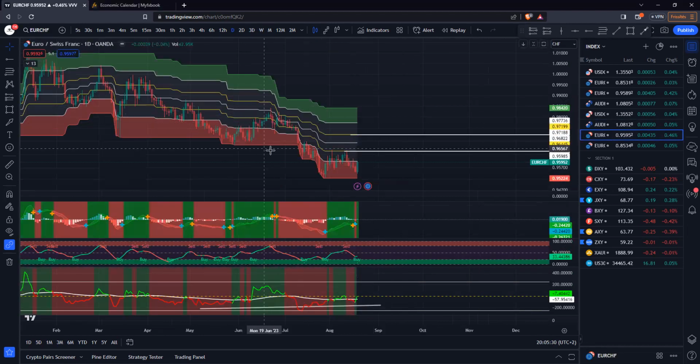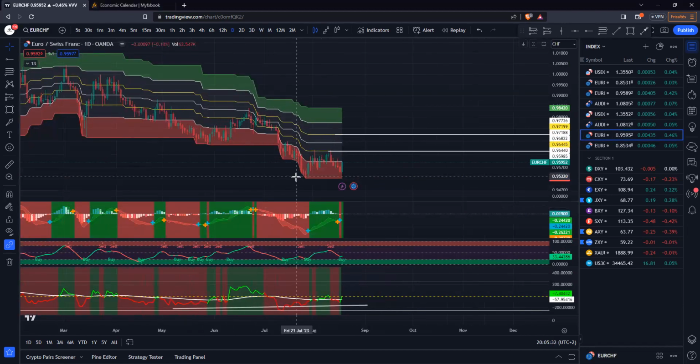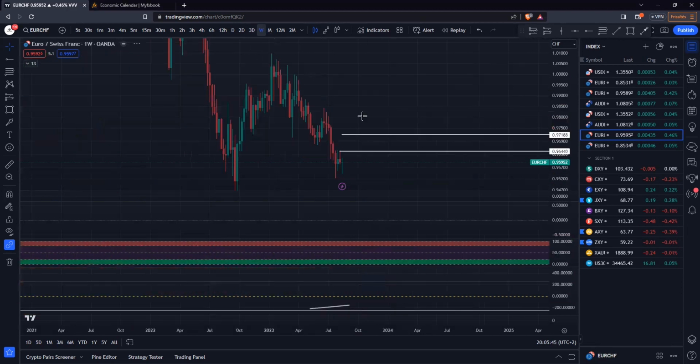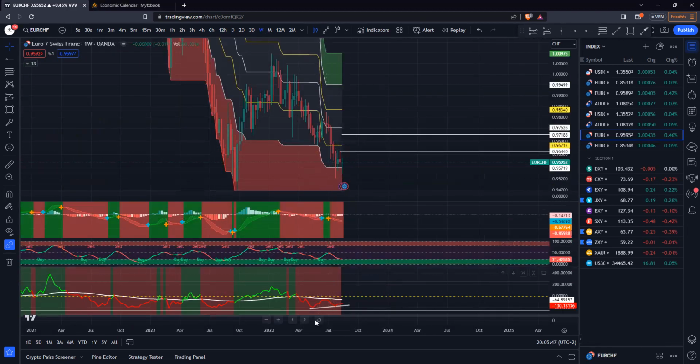Then the Euro Swiss franc, actually, there was a convergence right there. So I already marked two target zones. One is on 38, the second one is on 61. On weekly, there is a structural divergence in the RSI and convergence in the indicator with a big difference in the volume level.